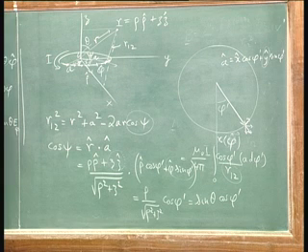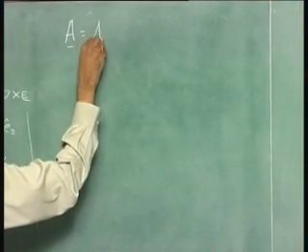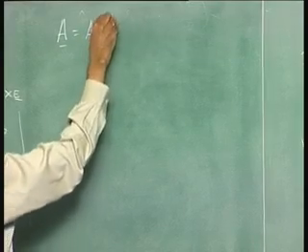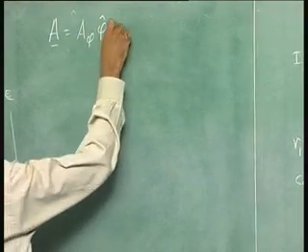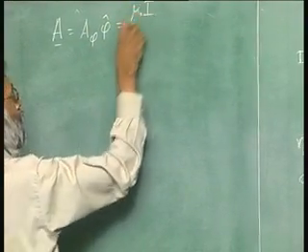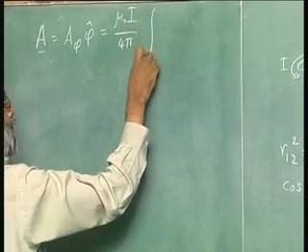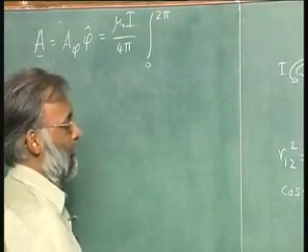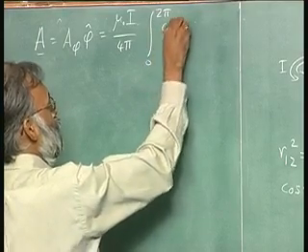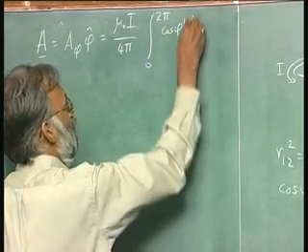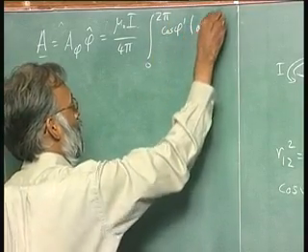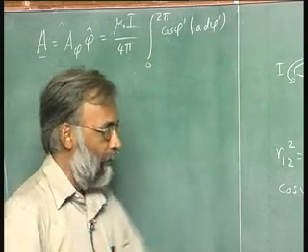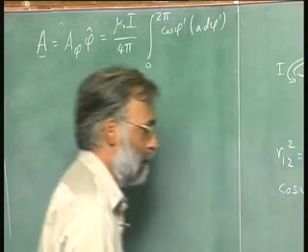What I want is the value of A. The vector potential A is A phi phi hat, which is equal to mu naught I over 4 pi integral 0 to 2 pi cos phi prime times a d phi prime divided by R12.